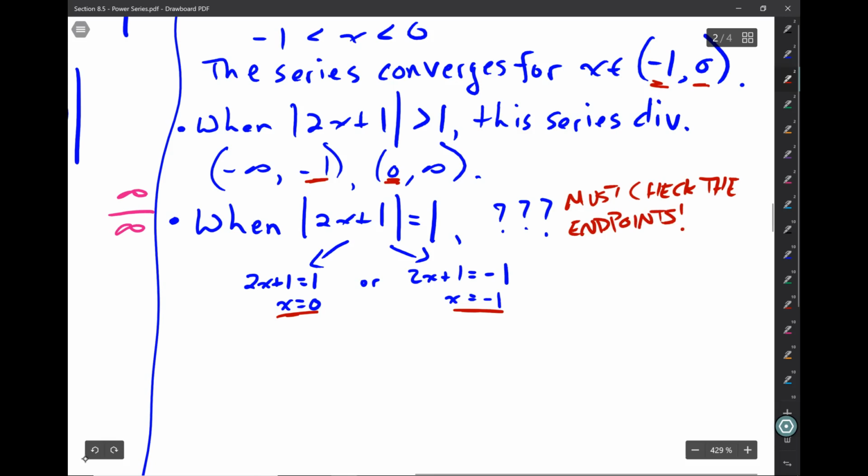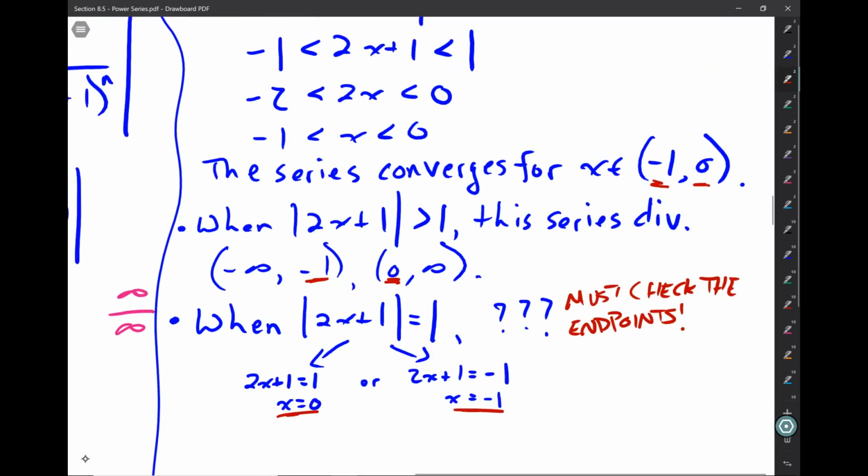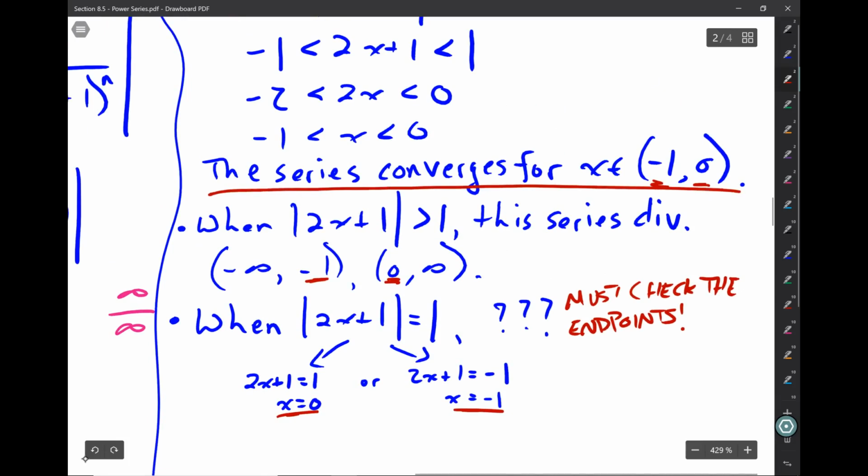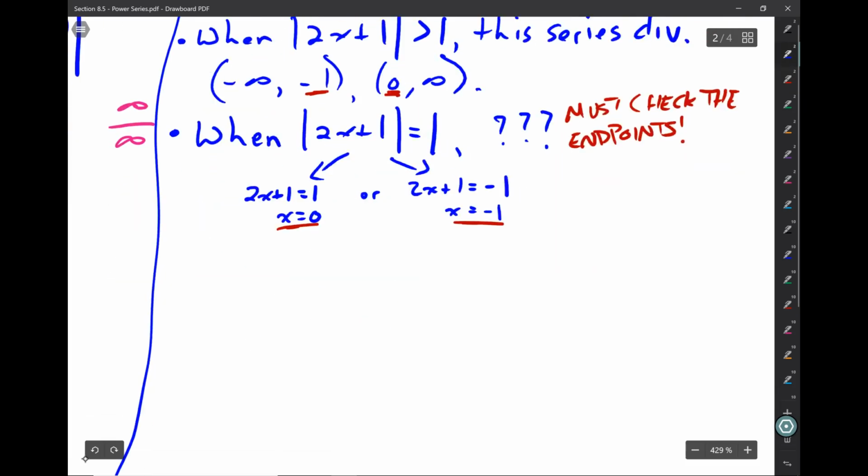The ratio test is really nice because it tells us that our power series definitely converges here, but what happens at negative 1? What happens at 0? These must be checked. And so, when we check them, we say, what happens when x equals 0?